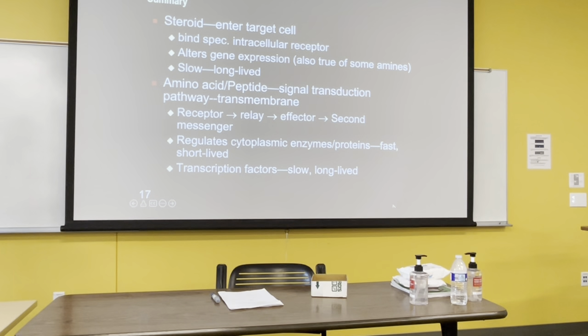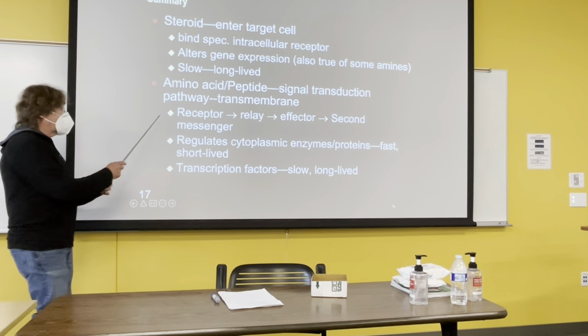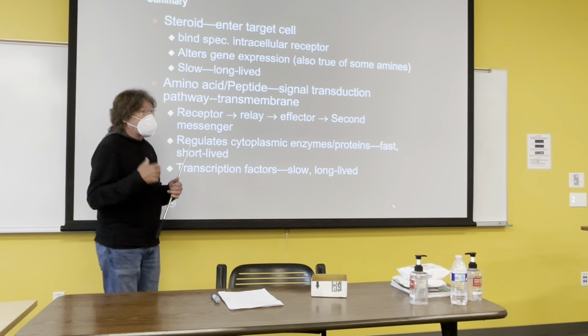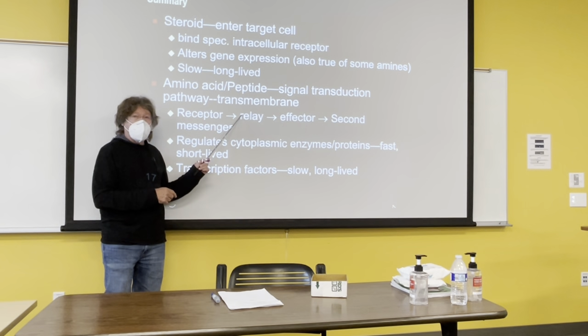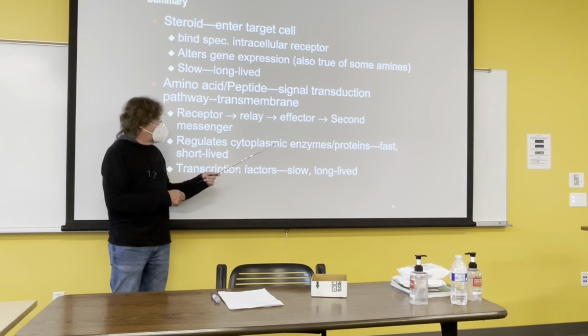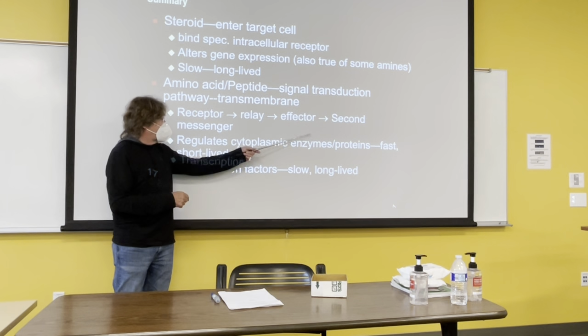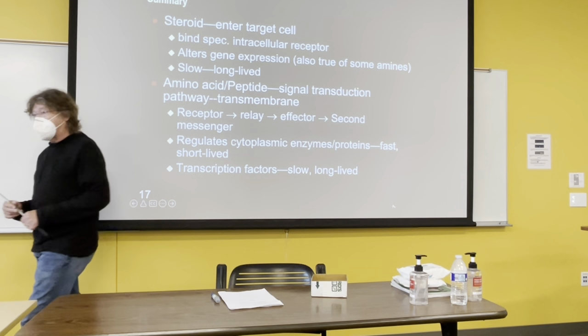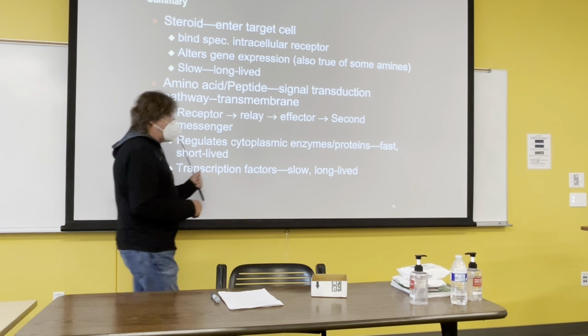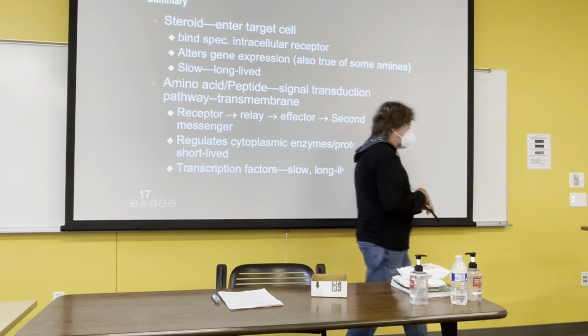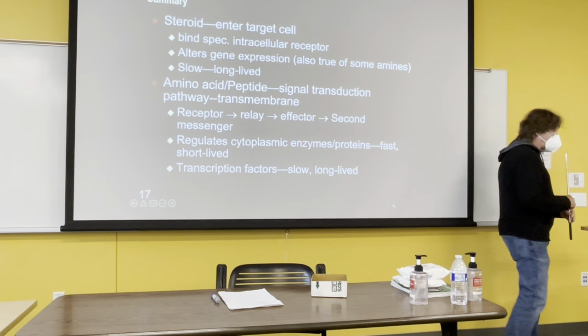And what we get is a signal transduction pathway through the receptor. With G-protein linked receptors, there is a relay protein, namely the G protein, and then an effector that leads to the production of the secondary messenger. And this is altering not gene expression, it's altering the behavior of proteins that are already there, turning them on. Usually this is very rapid and generally relatively short-lived.